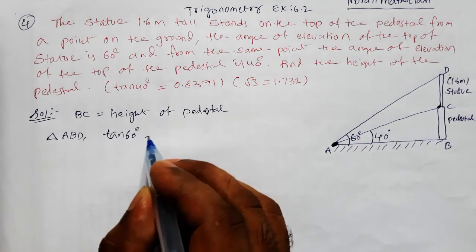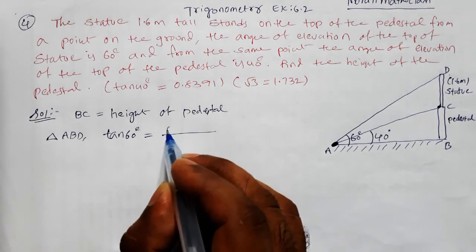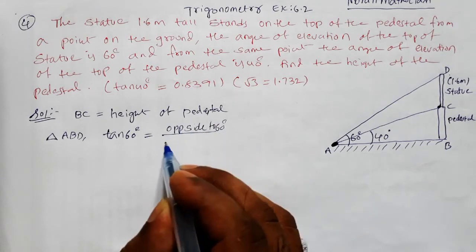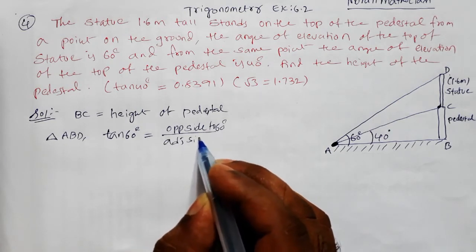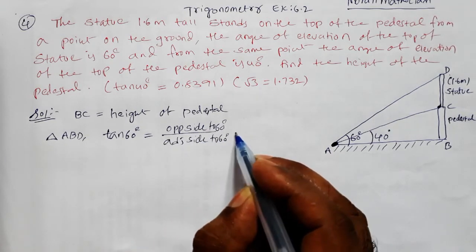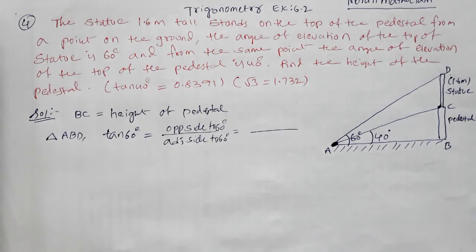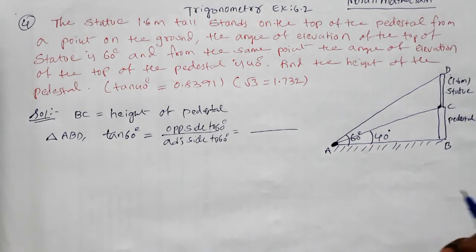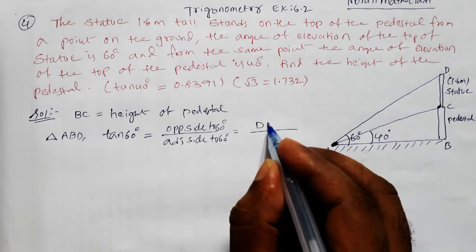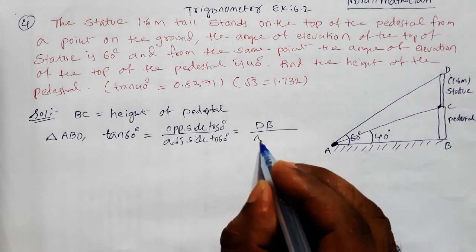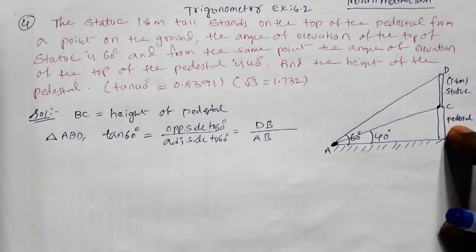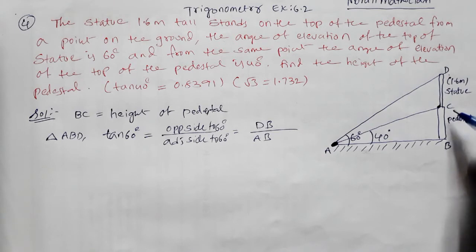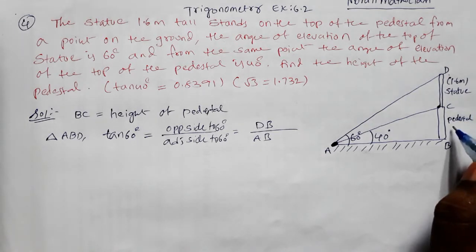Tan 60 degrees equals opposite side to 60 degrees divided by adjacent side to 60 degrees. The opposite side is DB, the adjacent is AB. In DB, DC is 1.6, but CB we don't know, so let us take this as y.